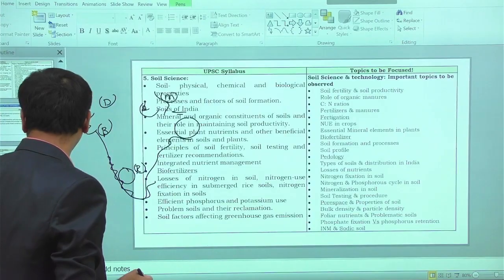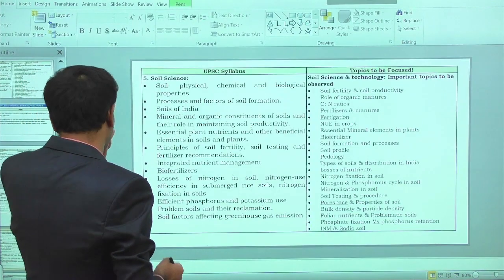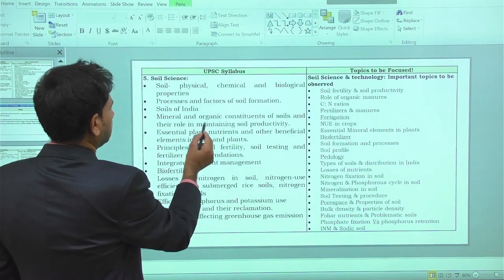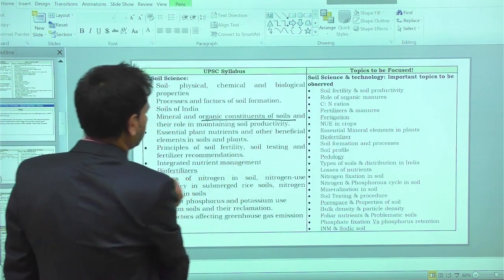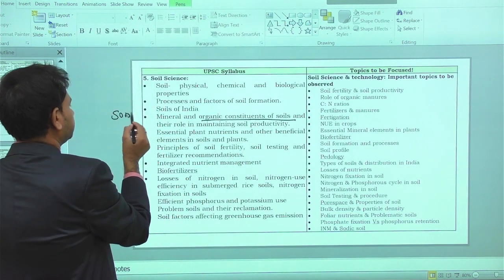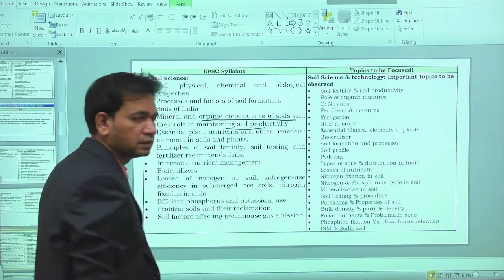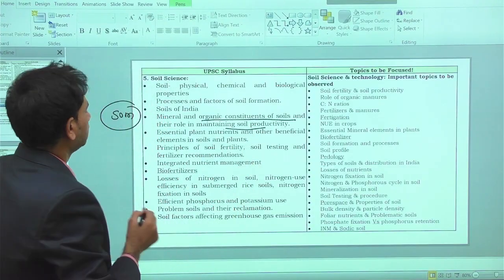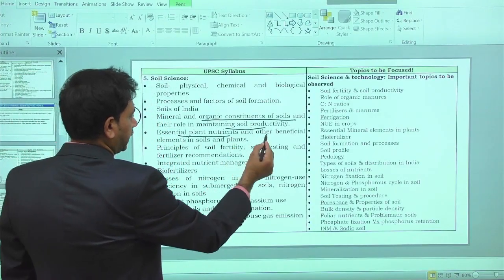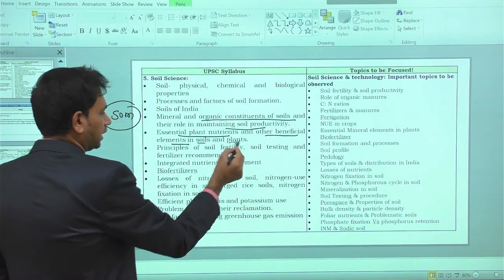Then apart from that, we have the syllabus called the role of soil organic matter in maintaining soil productivity. Then we have essential plant nutrients and other beneficial elements in soils and plant species.